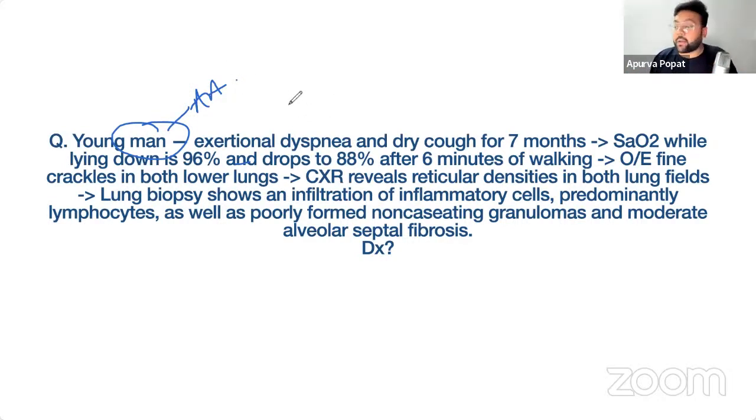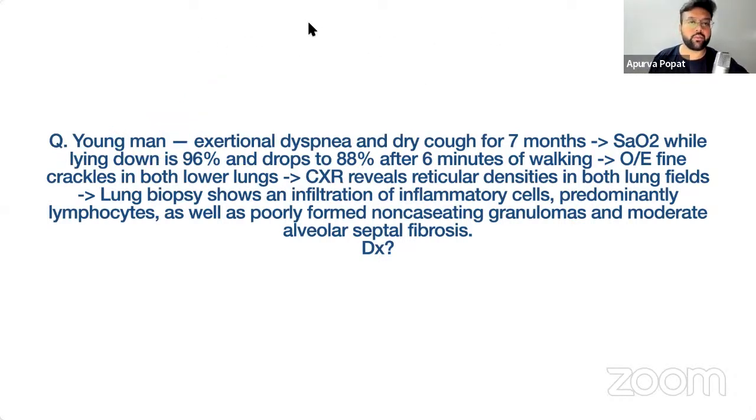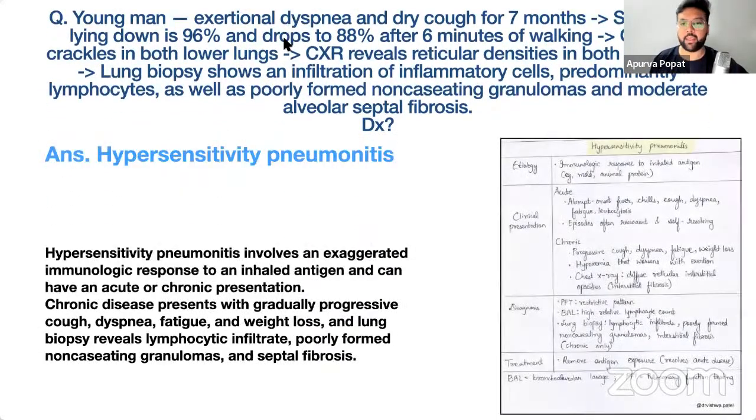They would have written some kind of electrolyte abnormalities, like, for example, we would expect hypercalcemia, polyuria, abdominal pain, psychiatric manifestations, and there'll be perfectly formed non-caseating granuloma in sarcoidosis. Do not assume things in questions. So this is hypersensitivity pneumonitis, and this is type 3 and 4 mixed. Okay, excellent.